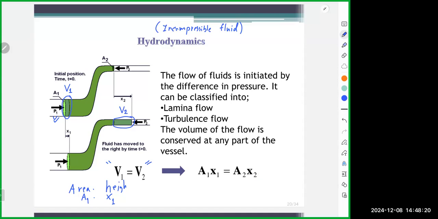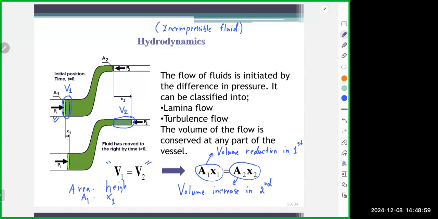You could see that here is the volume reduction in the first area, and here is the volume increase in the second area.